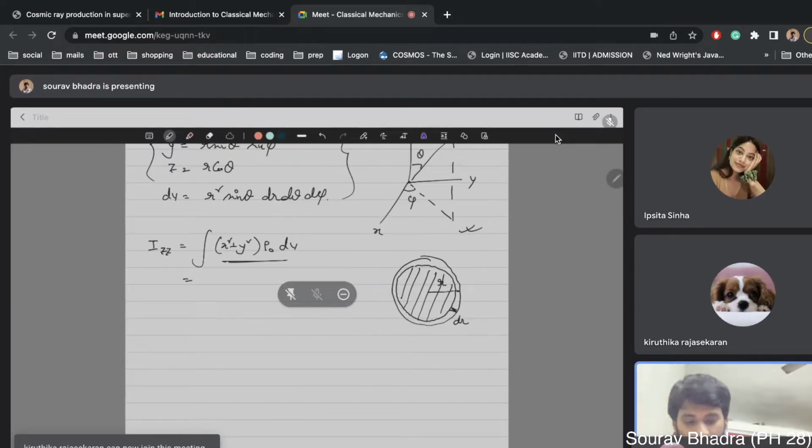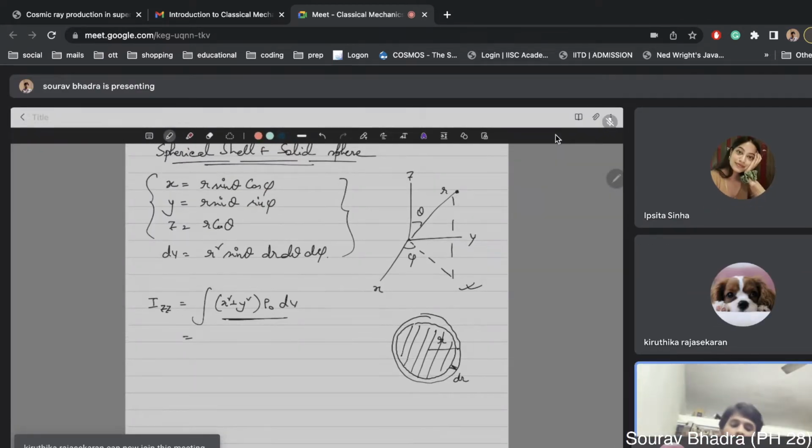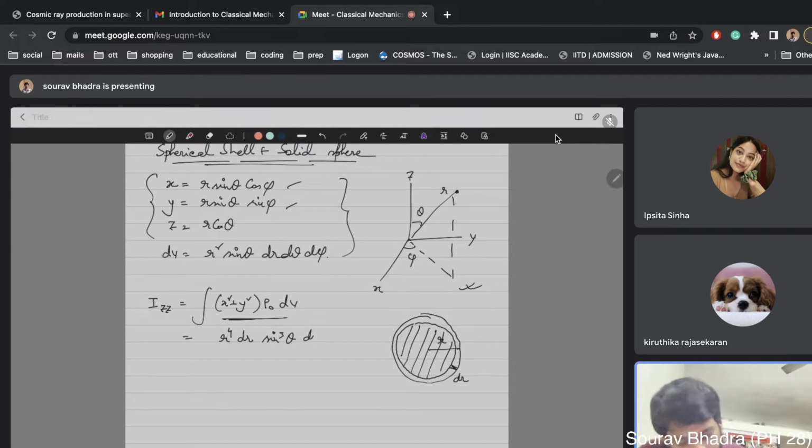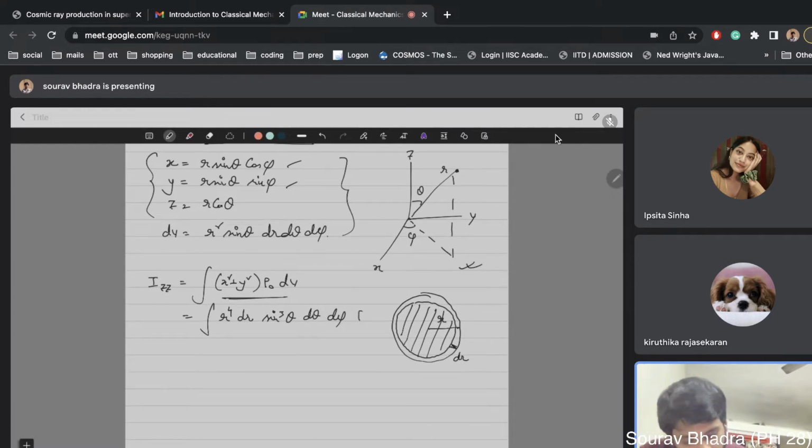Okay, now if you substitute your x and y in terms of theta and phi, then it will be r to the power 4, putting r sin theta cos phi and r sin theta sin phi, so r to the power 4 dr sin cube theta d theta d phi, and there will be a rho 0.